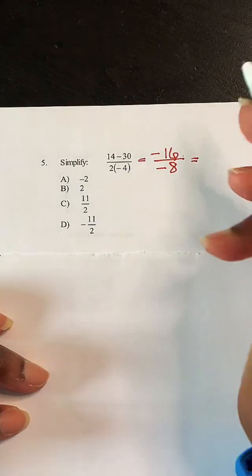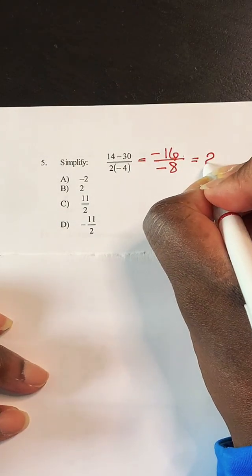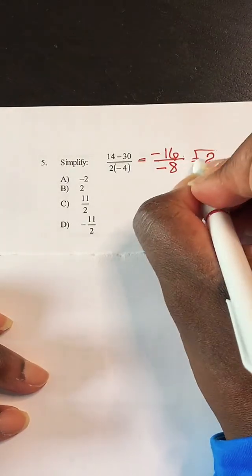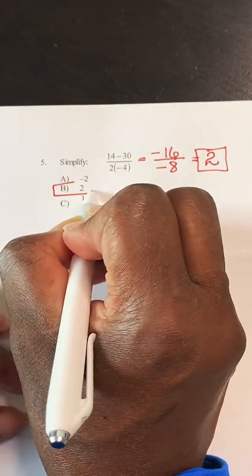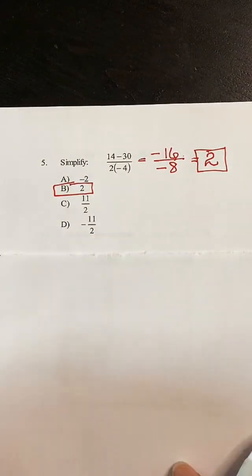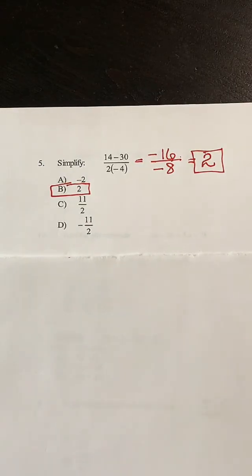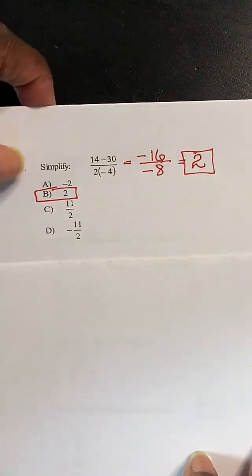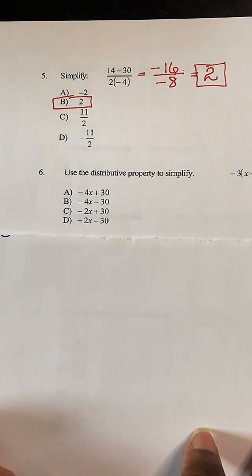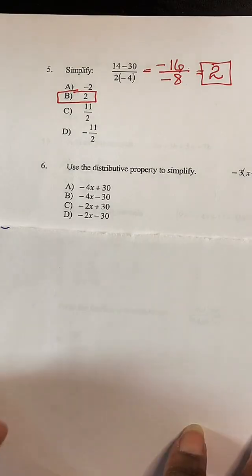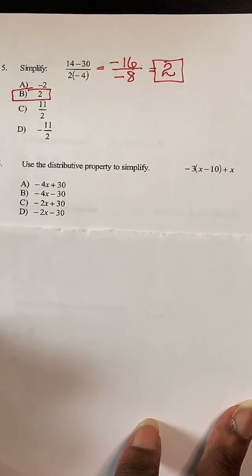Now in the denominator, you have 2 times negative 4, which gives us a negative 8. A negative divided by a negative gives us a positive, and 16 divided by 8 gives us a positive 2. So for all that said positive 2 or B, you are right there.